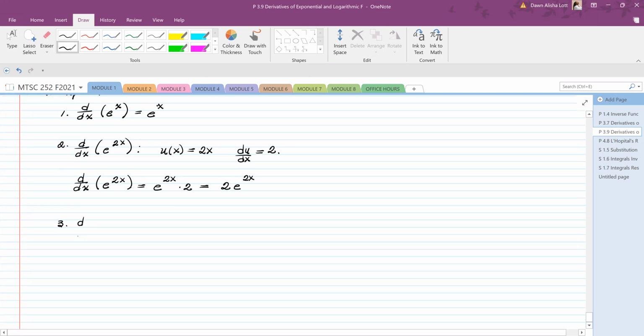Derivative with respect to x of e to the x cosine x. Oh, let me do one easier than that first. E to the sine x. Well, I'm going to get e to the sine x and then multiply by its derivative. So this is going to give me cosine x e to the sine x.